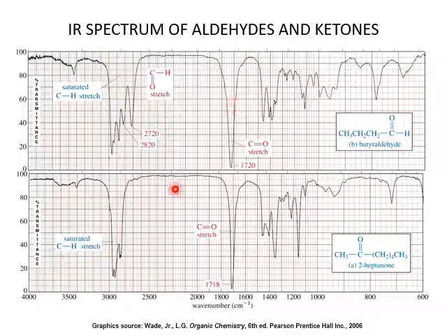To recognize whether it's an aldehyde or ketone, it's easy. You can see the CH stretch from the carbonyl group in the aldehyde around 2,700 and 2,800, this double peak. But as you can see in ketone, we will not have it because we do not have this bond in the structure.